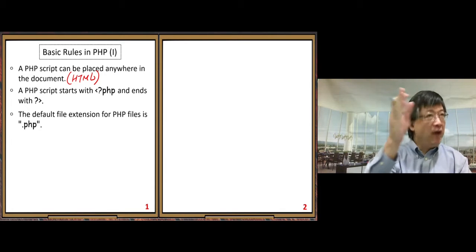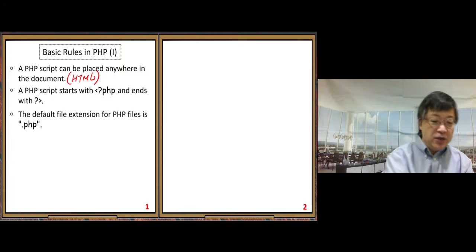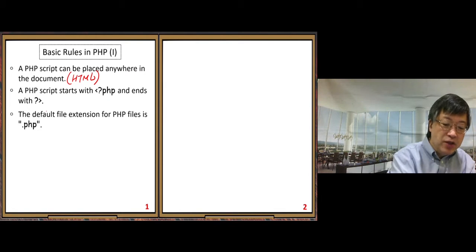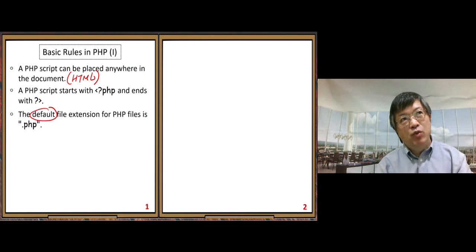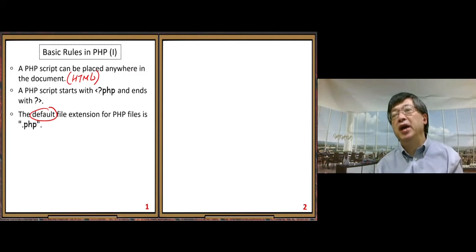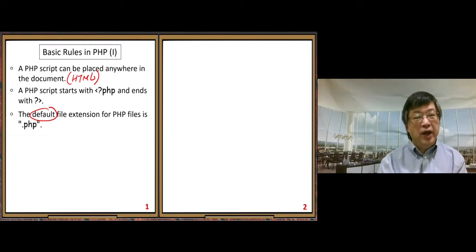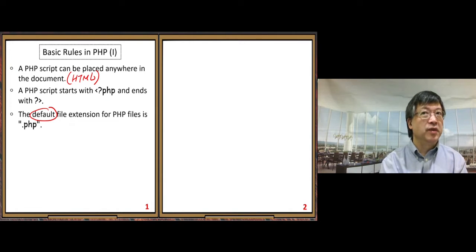Default file extension: .php. Although you see this word default, that means there is a non-default. If you use the default file extension, you do not need to do anything. But usually we do not talk about the non-default extension, and usually we do not want to change that.